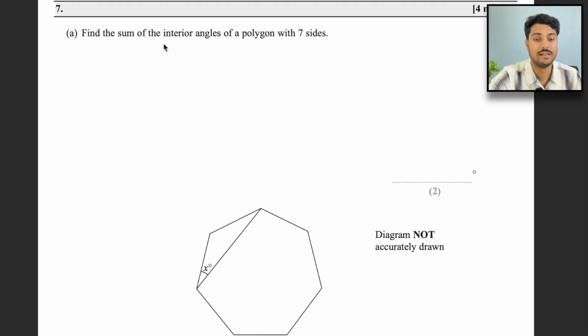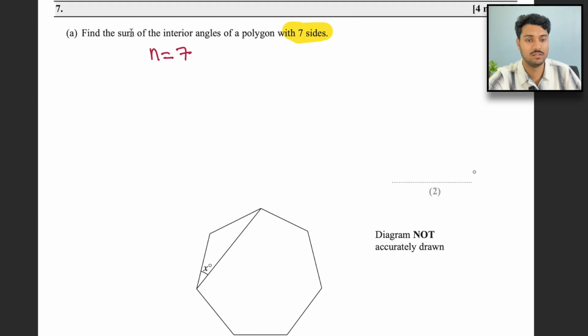It says find the sum of interior angles of a polygon with 7 sides. Now n is 7 here. N is 7 and I is missing. Can we find E? E will be 360 degrees upon, oh no. It says find the sum of the interior angles of a polygon with 7 sides. N equals 7.